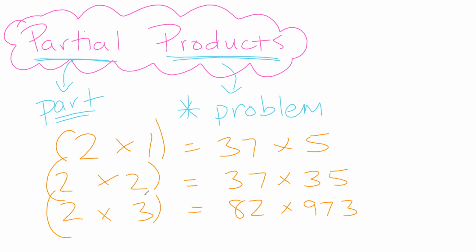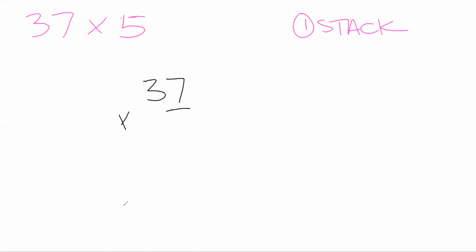Again, this whole idea is about breaking things down into parts. So I guess we might as well just take the ones we already wrote down as examples. Let's go ahead and play with 37 times 5. Remember, if we're thinking about a problem like 37 times 5 in partial products, the first thing we want to do is stack them up. That's the first step, making sure I'm stacking things up so I can look at them as what eventually will become our algorithm. Now I'm going to think about how I can multiply each digit by its place value.